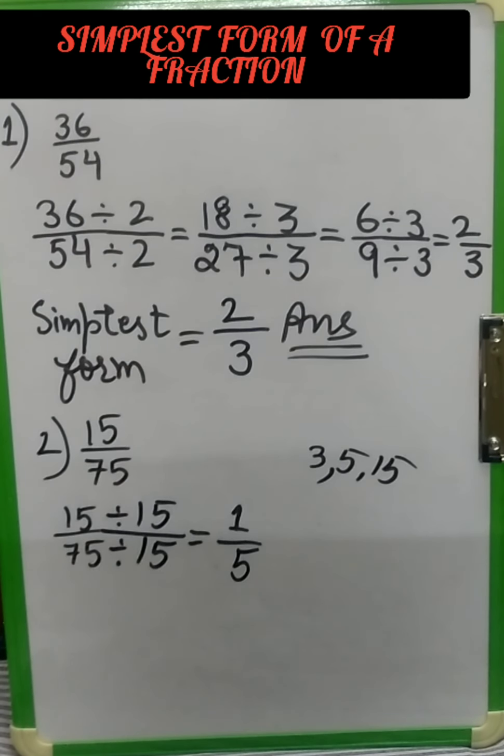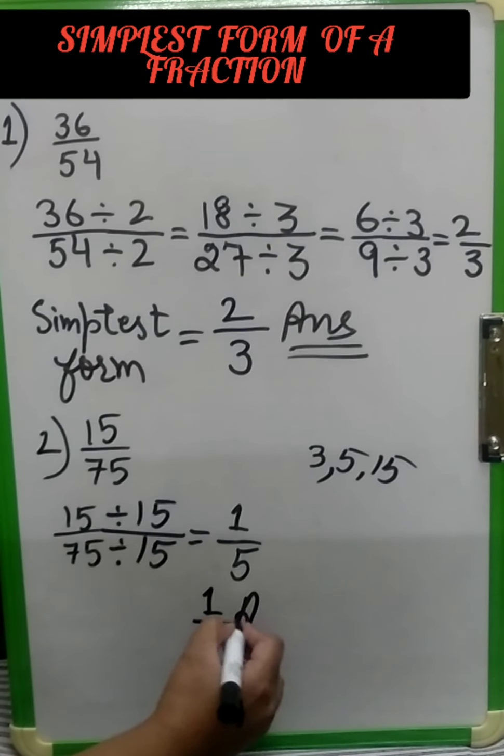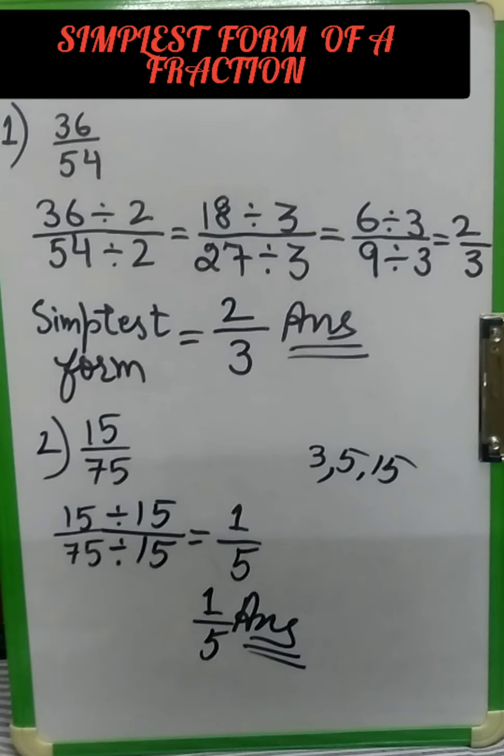Again you can think about it: can you find another common factor of 1 and 5? The only common factor is 1. So the simplest form of 15 upon 75 is 1 upon 5. We'll discuss some more examples of simplest form.